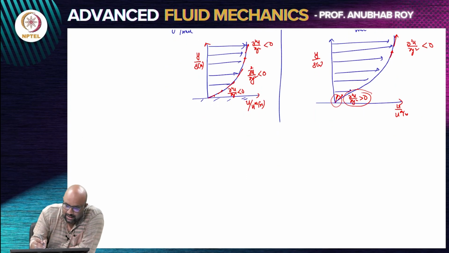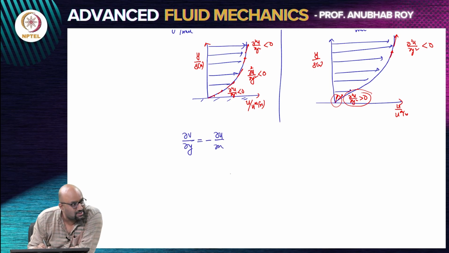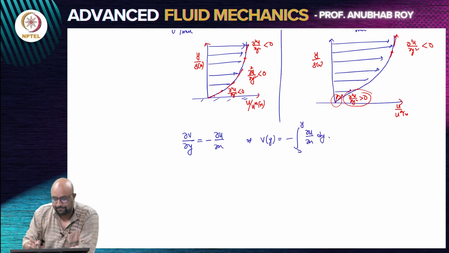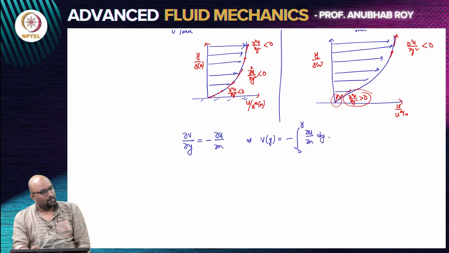If I take my mass conservation equation, mass conservation tells us ∂v/∂y is minus ∂u/∂x. That is just continuity. If I integrate this, v of y is minus the integral from 0 to y of ∂u/∂x dy. Now, how do we generate v, or how do we increase v in the boundary layer? It is happening due to viscous diffusion.